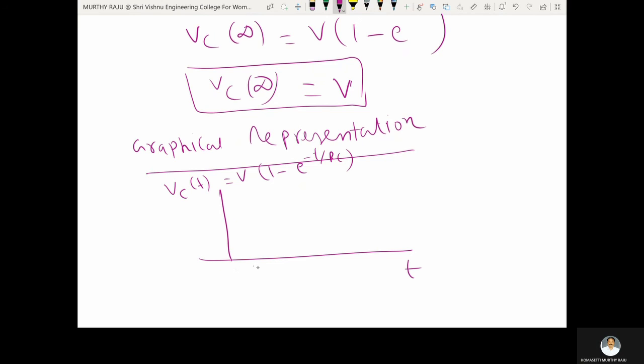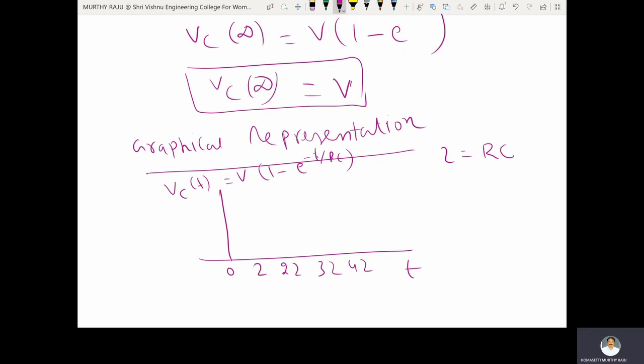Here, t is equal to 0. The time constant tau is equal to RC. Tau, 1 tau, 2 tau, 3 tau, 4 tau, like that.